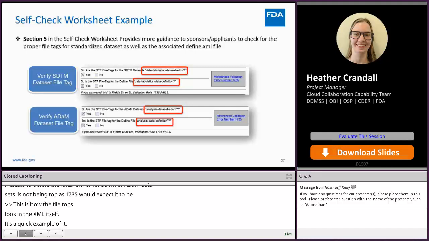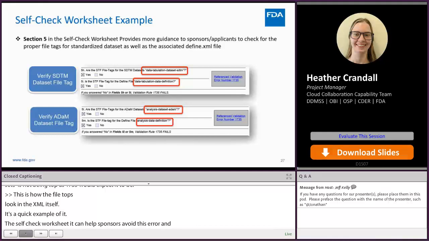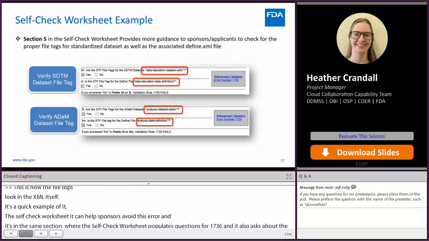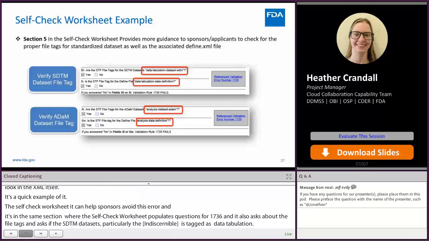It also asks about the STF file tags, and it asks if the SDTM datasets, particularly the dm.xpt, are tagged as data tabulation dataset SDTM, and if the corresponding define.xml file is tagged as data tabulation data definition. These are the file tags that the 1735 error code description calls out, and that 1735 is expecting to see.